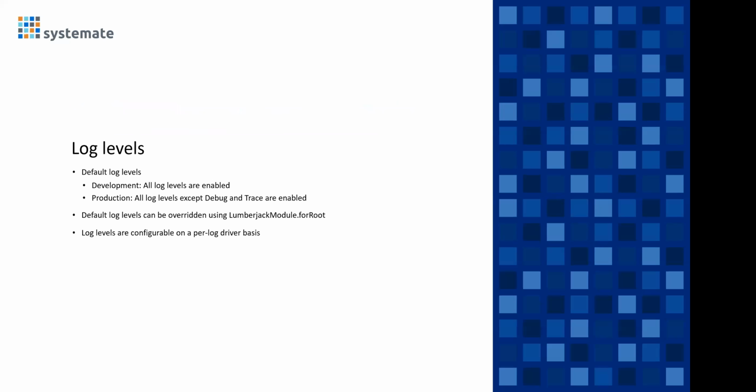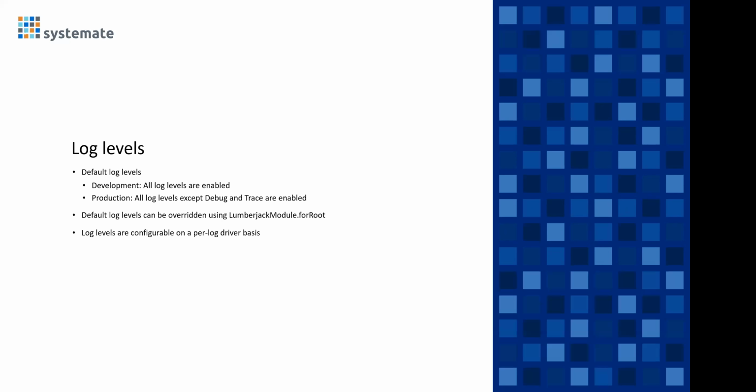By default, Angular has two modes of execution, one called the development mode and one called the production mode. When Angular is running in development mode, all the log levels will be enabled by Lumberjack. When running in production mode, the debug and trace levels will be disabled, but application developers can override this setting, of course, if they want to always add all log levels, for example, or just some of them.